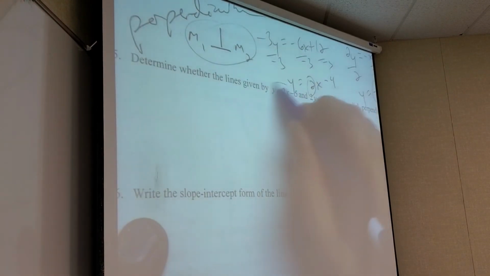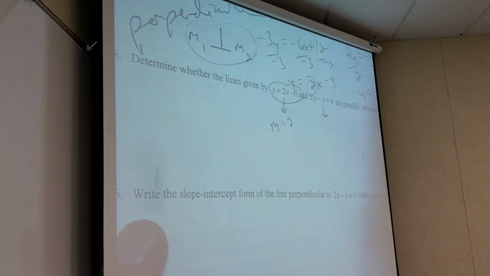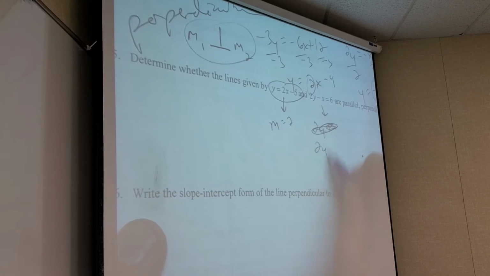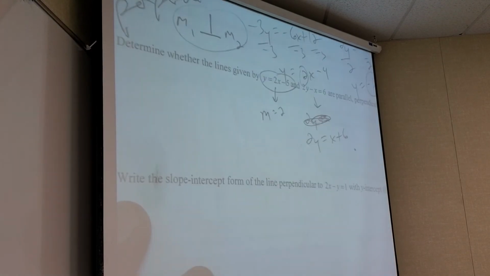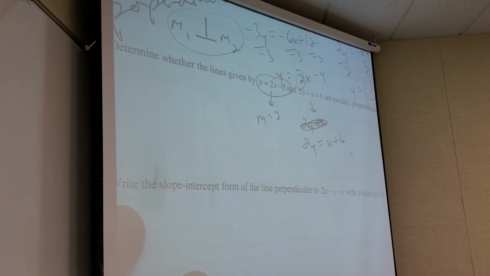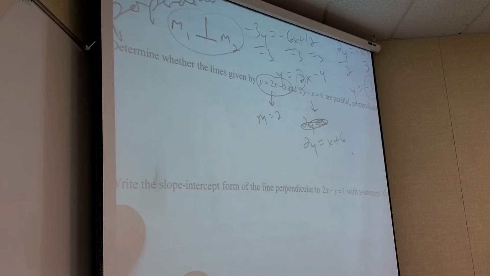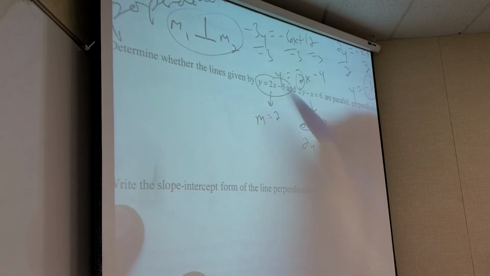So here, this one's nice. This one's done. Slope is 2. This one, add x over. Does the y have a number? This here?